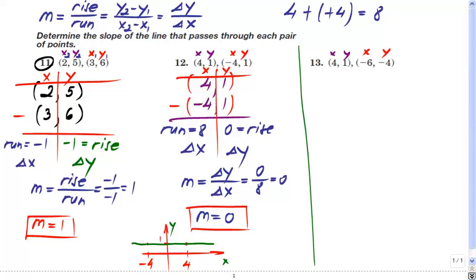Problem number 13. Same story, same approach. You should try this on your own. Pause this video and go on your own and then check with my work, see if you got it right. That's the way we learn, okay? So when you're watching the math video, you start it, you stop, you read the problem, and you try to go on your own. You try to do the first step.